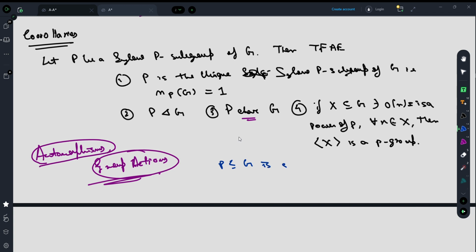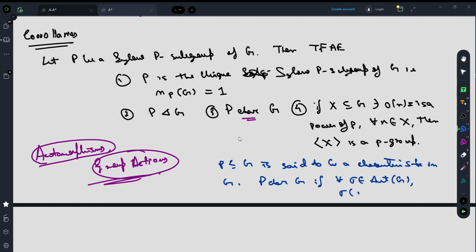So a subgroup P in G is said to be characteristic in G, and we denote this as P char G, if for all automorphisms on G, P gets fixed.